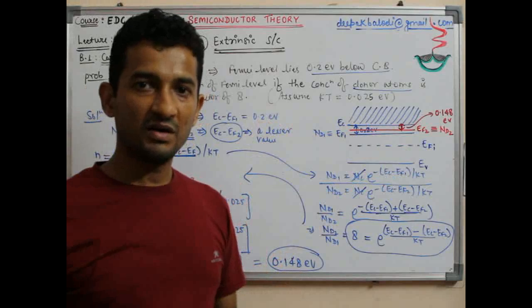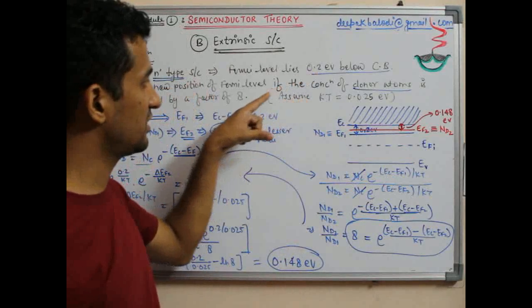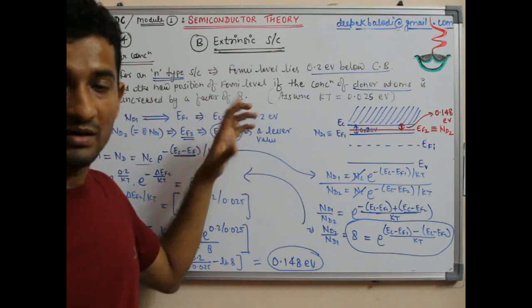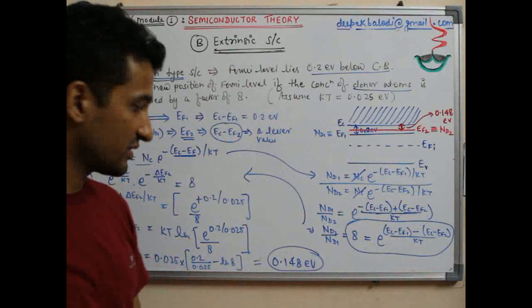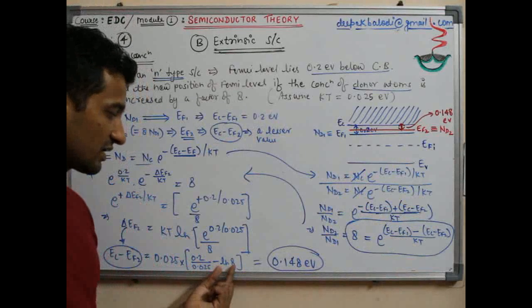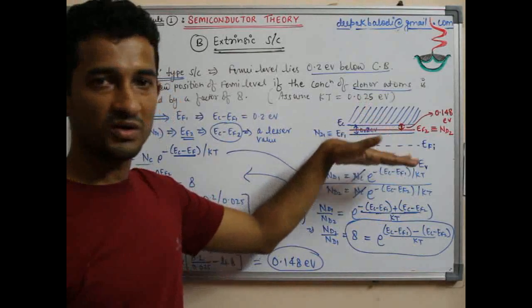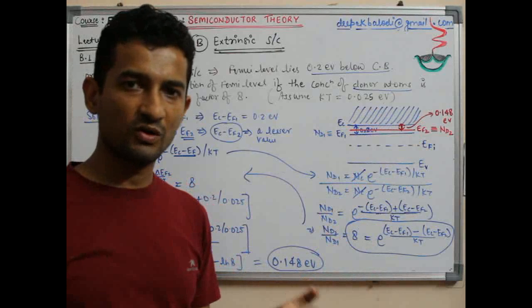If we increase the doping concentration further, you see it's very interesting, we have increased the doping concentration by a factor of 8 times, which is a great improvement in the doping concentration, but all because that thing comes only under ln, the resulting shift of the Fermi level is not too much. It is a small value, a small unit of electron volt.